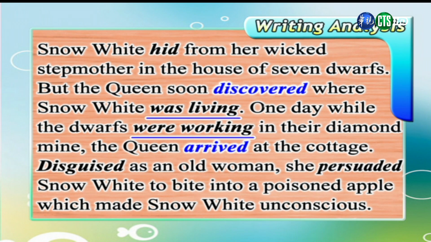This is past tense because this is a one-time event. She arrived during the working hours of the dwarves. And so the dwarves are working for a longer period of time. And this is a longer background event that occurred during the time that the queen arrived.